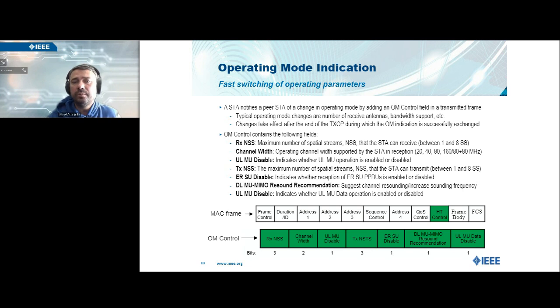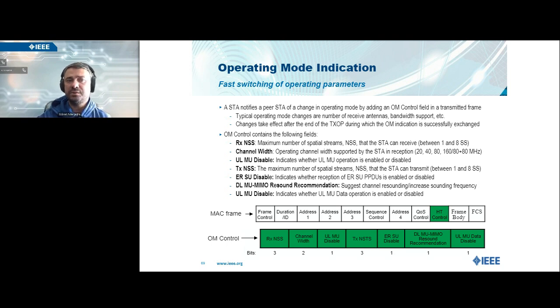This particular functionality is achieved with the operating mode control field that is also carried in the HT control. It contains several parameters that the station can play with to achieve different functionalities. The first 3 are the ones that I mentioned.